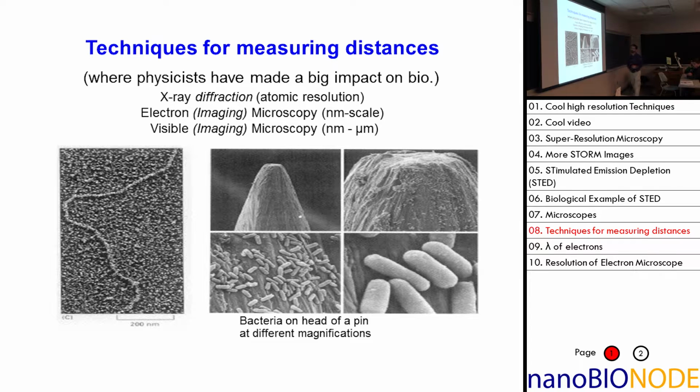Now, in fact, the images, in this case, this is using scanning electron microscope at various magnification. You can see that this happens to be a bacteria, so that's about 1 micron by 3 microns.